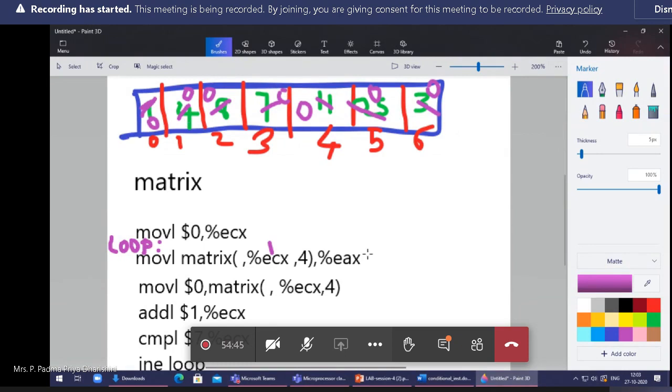The first element is moved to the EAX register. After that, what we are doing is we are moving 0 to the first element. Okay, and you can ask, why do we need this statement, ma'am? Why every time are we moving the value of the element in the matrix to EAX? It is not needed, but this is a double confirmation.